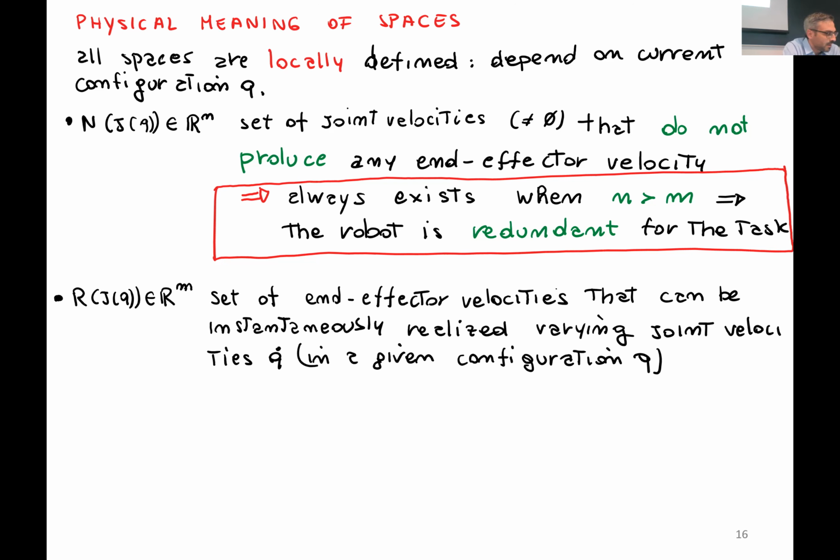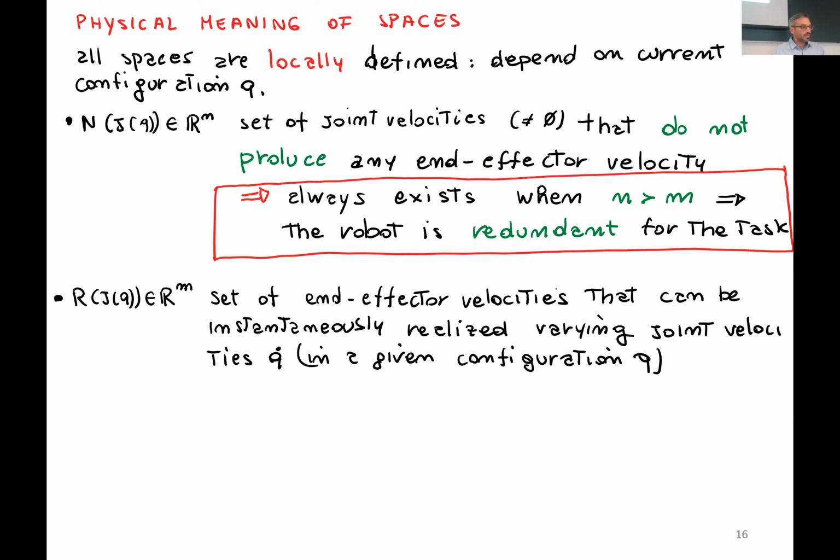And we also talked about the range space, which is the set of end effector velocities that can be realized instantaneously. We remember that we might change the configuration, and the definition of these spaces changes with the configuration, so it's only local to the actual configuration.